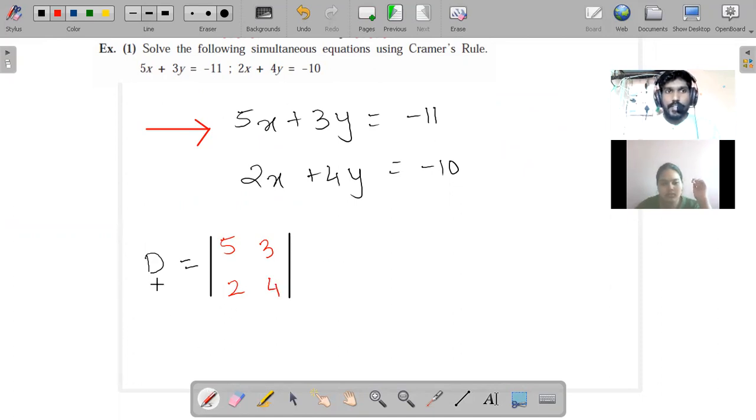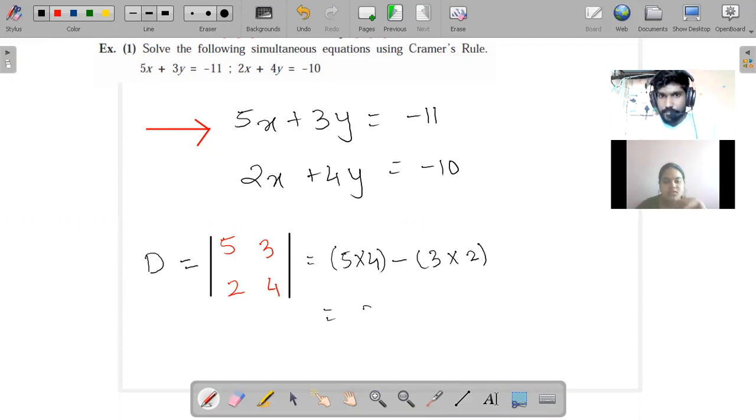Now you find the determinant. What will it be? 5 into 4 minus 3 into 2.